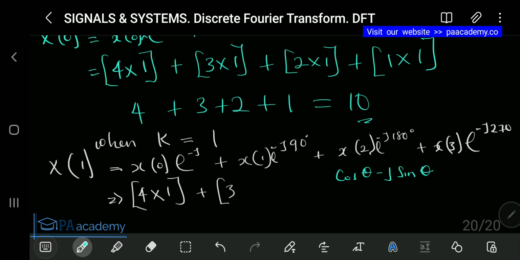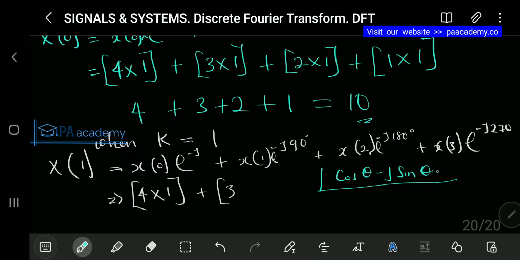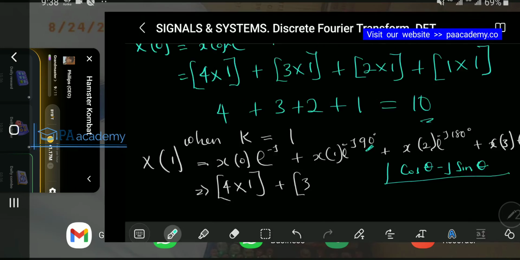Exactly, take note of this. So now let me just open my calculator and show you how you can simplify this. So just get your calculator now. Just take note of this formula like I said earlier. Now the angle we are making reference to is 90 degrees. So let me show you how to do it.